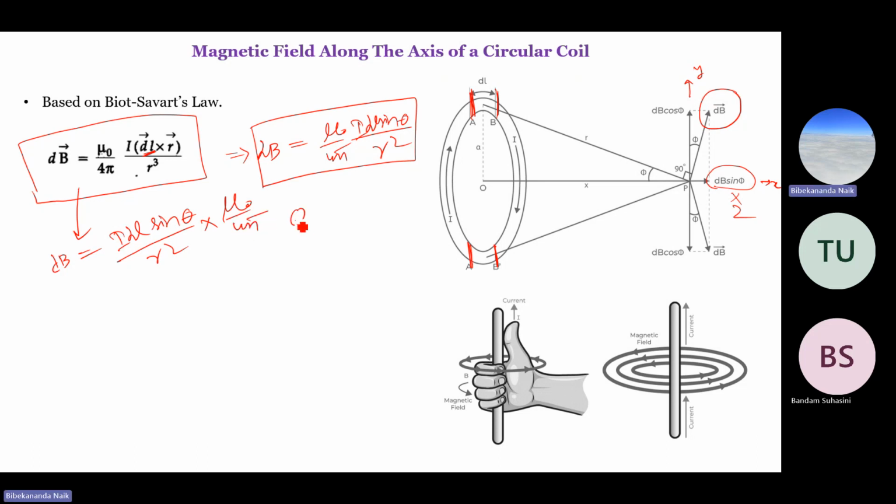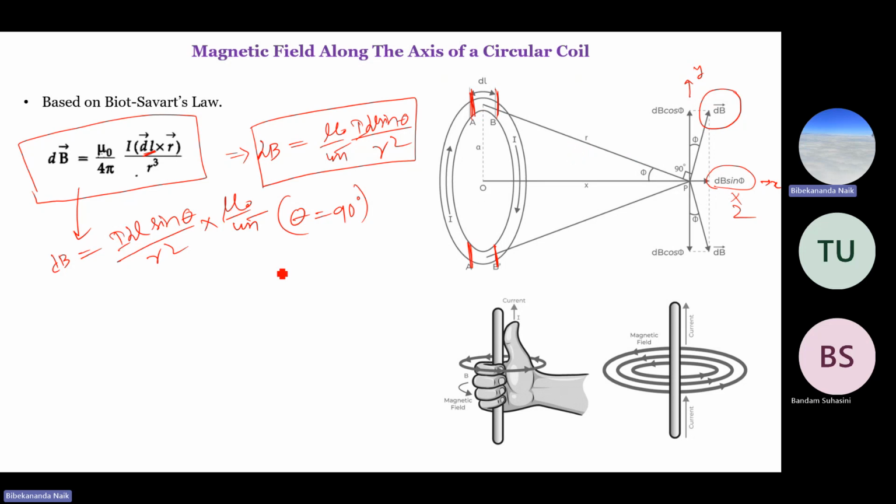Here theta is equal to 90 degrees, because the angle between the length vector and the position vector of this point is 90 degrees.